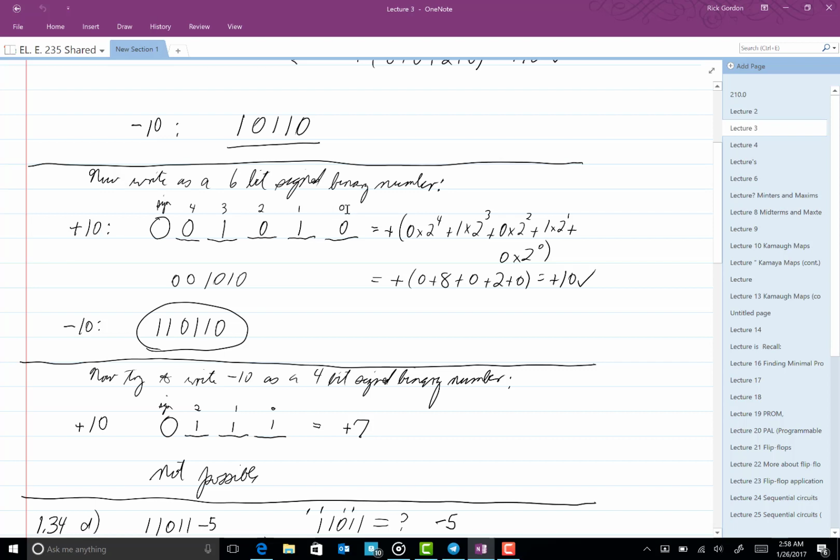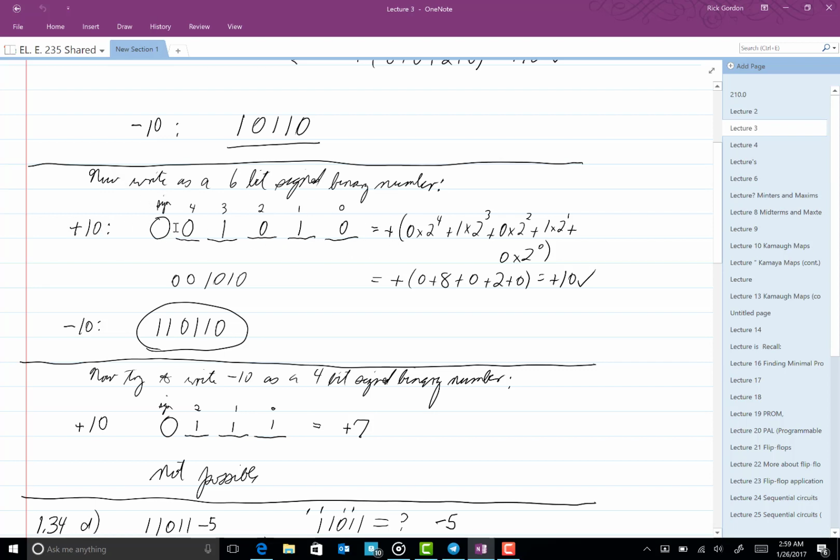This is 2 to the 0th power, which is 1, and there are no 1s in 0, so we write down 0 here, and we are done. So we have that this number 0 0 1 0 1 0 is the 6-bit signed binary number representing positive 10. And you can check that here.